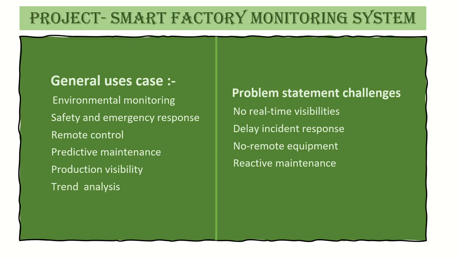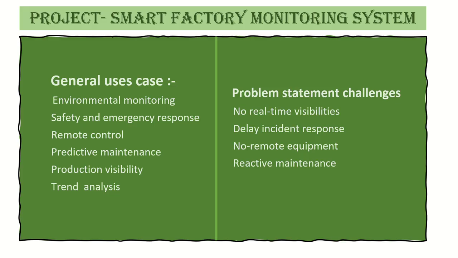If we have any kind of emergency, then it will notify us, like an alarm. And third one is remote control, so that we can control it remotely. Fourth is predictive maintenance. Fifth one is production visibility. And sixth one is trend analysis. These are the general uses.